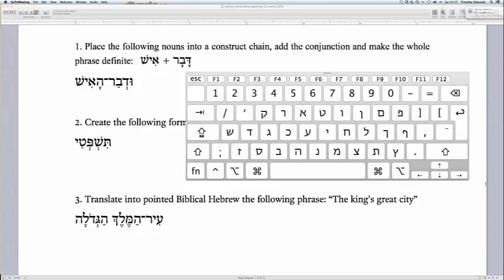As soon as we introduce the construct state, we mention as an aside that singular segolate nouns do not change when placed into the construct state. We expect people to know when the definite article changes from a patach to a kamatz, when it changes to a segol, and when it stays simply a patach. We give those rules, and we expect them to learn them.